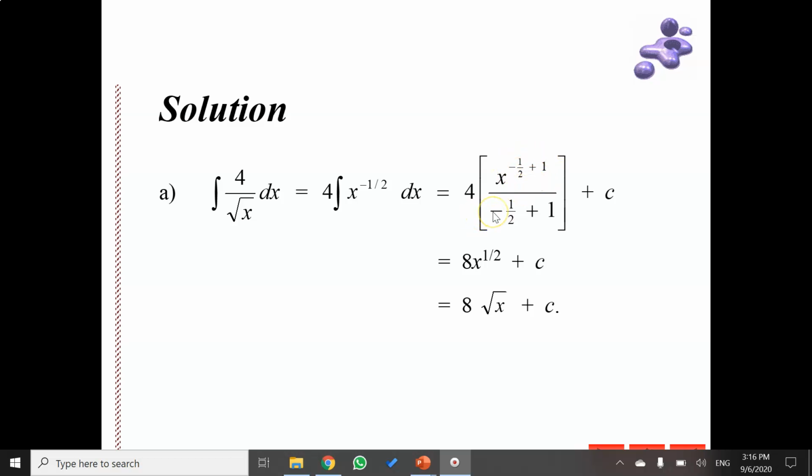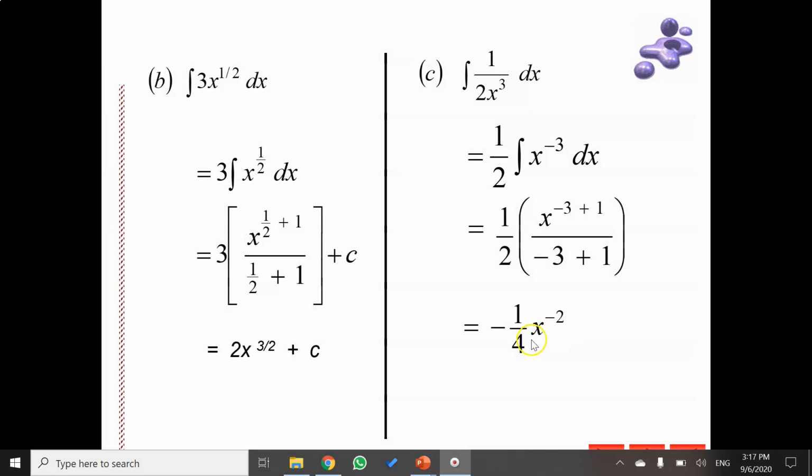So you divide by negative half plus 1. And don't forget to add c. So you simplify this one and you will get 8x to the power of half plus c. Again, don't forget to change the x to the power of half back over here. X to the power of half is actually equal to square root of x, plus c. That's it.